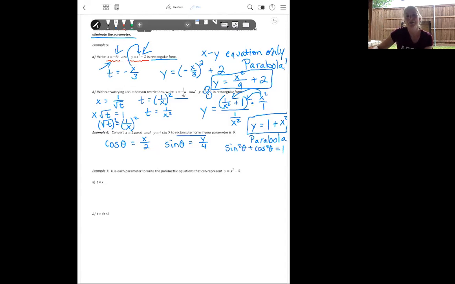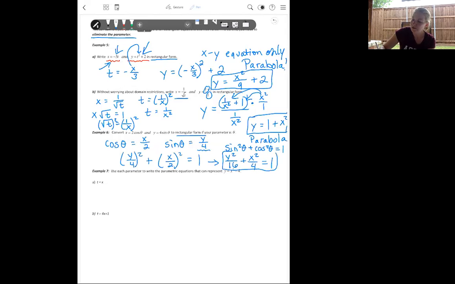Nope. So in place of sine squared of theta, we're going to plug in y over 4, so y over 4 squared, because it has to be squared, plus cosine squared theta, well, our value for cosine is x over 2, squared, equals 1. Simplifying that, I end up with y squared over 16 plus x squared over 4 equals 1.